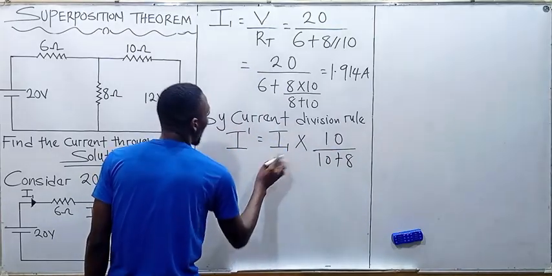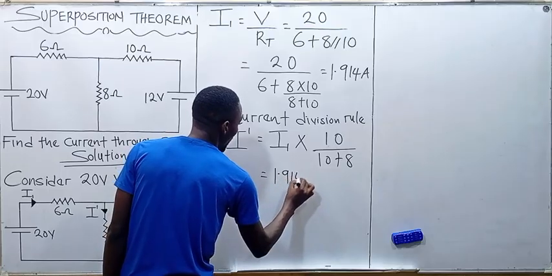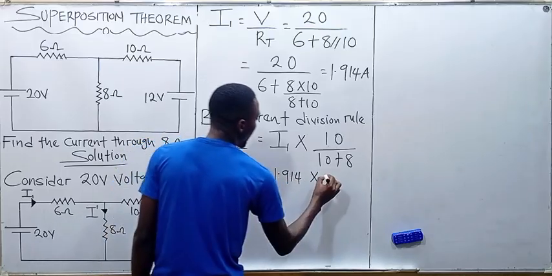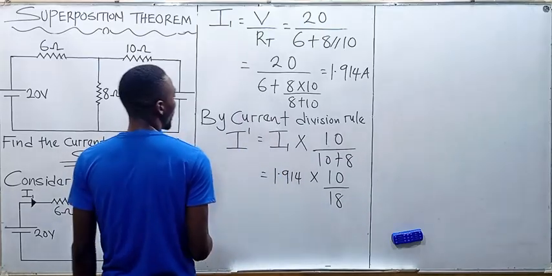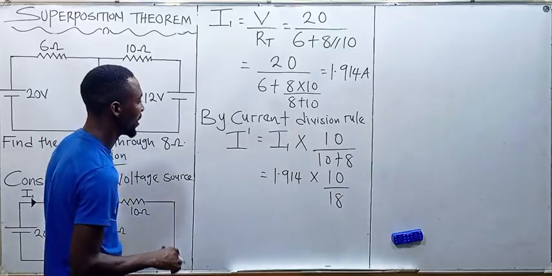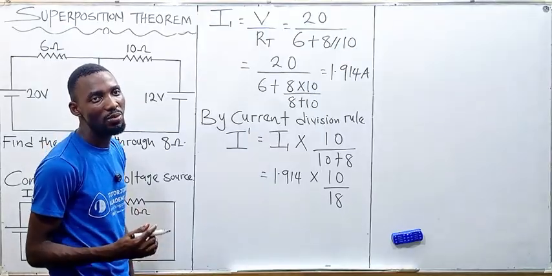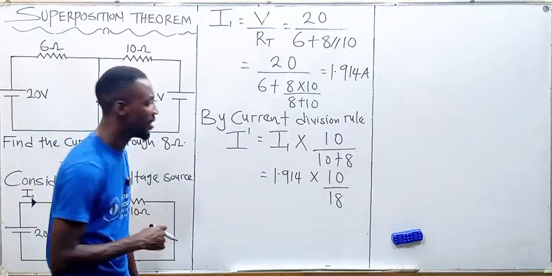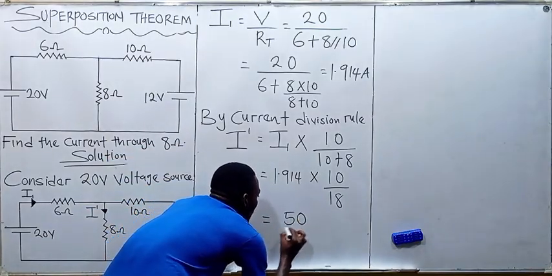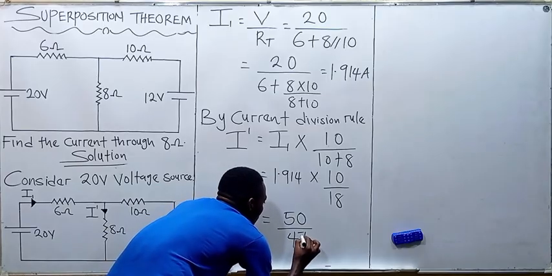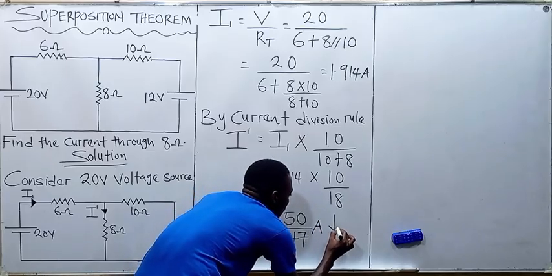If we substitute our I1, it's 1.914 multiplied by 10 over 18. 10 multiplied by 1.914 is 19.14, and 19.14 divided by 18 is about 50 over 47 ampere, and the direction is downward.